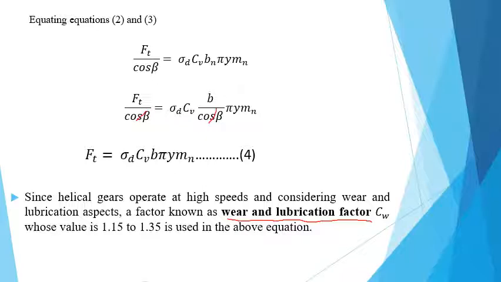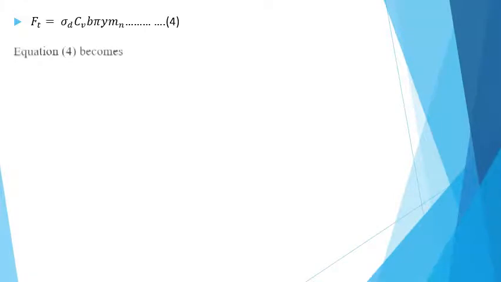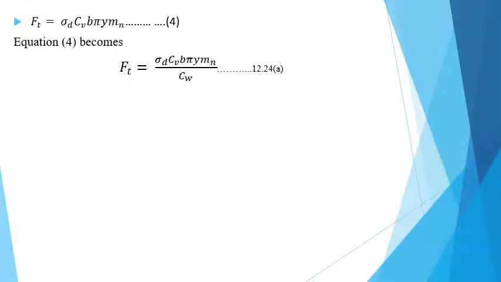So considering this, we can write this equation as Ft is equal to sigma d into Cv into B pi y Mn divided by Cw. So this particular equation is available in the data handbook. It is equation number 12.24a, where Cw refers to the wear and lubrication factor for the helical gears, which is to be considered in the Lewis equation.